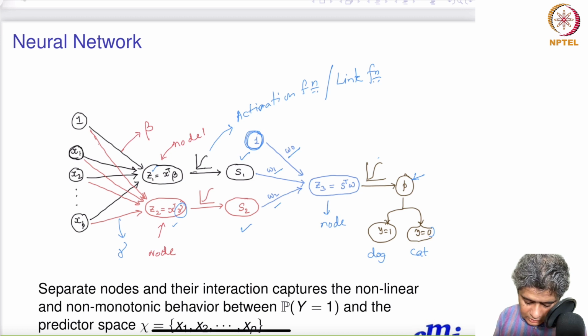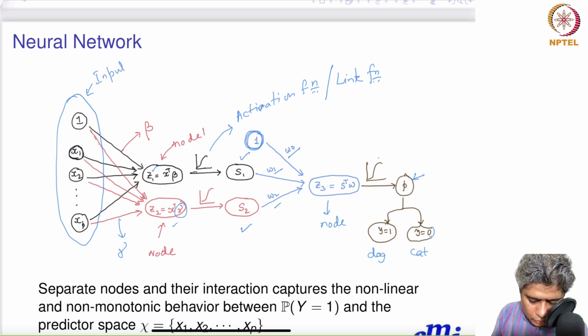This is typically called the input layer, and this is the output layer.